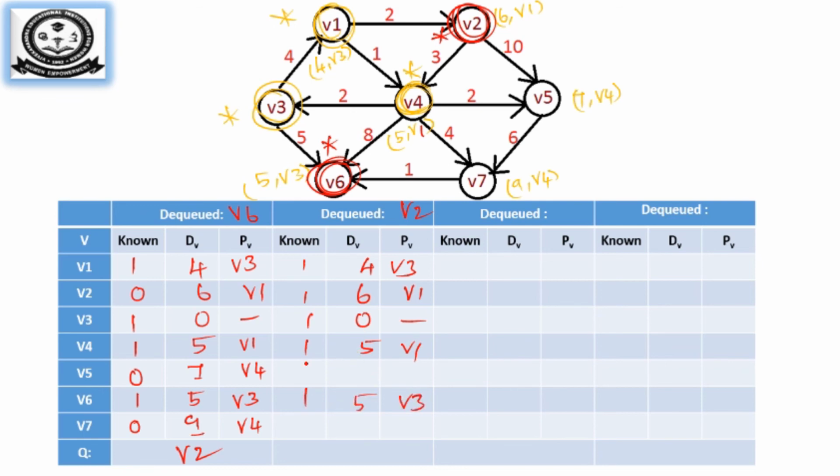Now from V2 I can go to V5 with a value of 6 plus 7, so you have already 6 and here 10. So it is 16 comma V2, which is not minimum. 7 comma V4 is minimum, so you will have no change. So V5 is not changed, so you'll have 7 with V4. The rest of the vertices will be the same, so it is going to be 9 and V4.